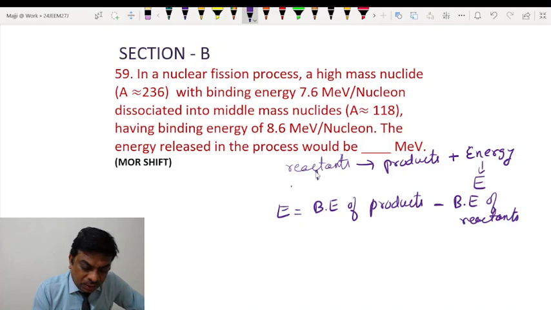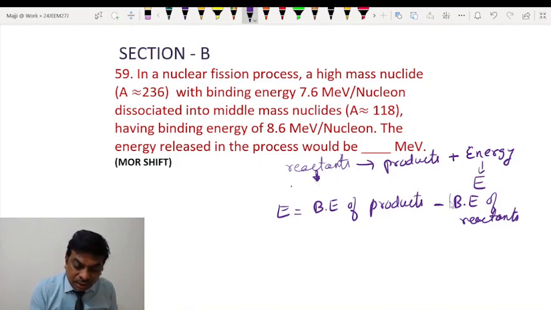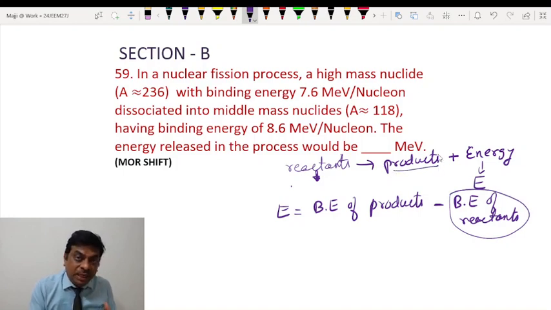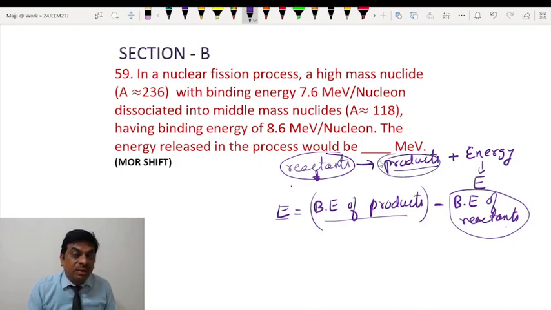Because in order to break the reactants into individual components, that is neutrons and protons, they'll require energy. So they'll absorb energy. Whereas when products are formed from individual nucleons, they release energy. So net energy released will be energy released minus energy absorbed. So reactants absorb energy in order to dissociate into individual nucleons, and products release energy when they form the nucleus from individual nucleons.